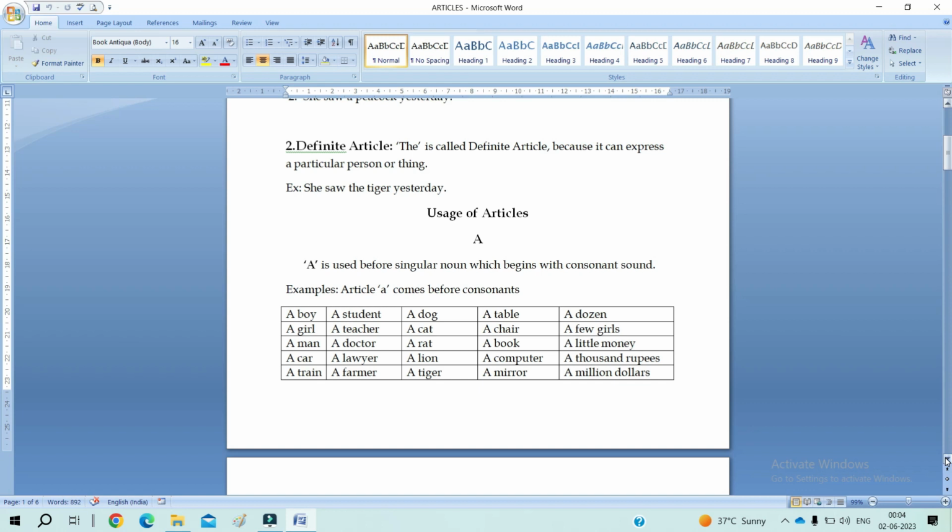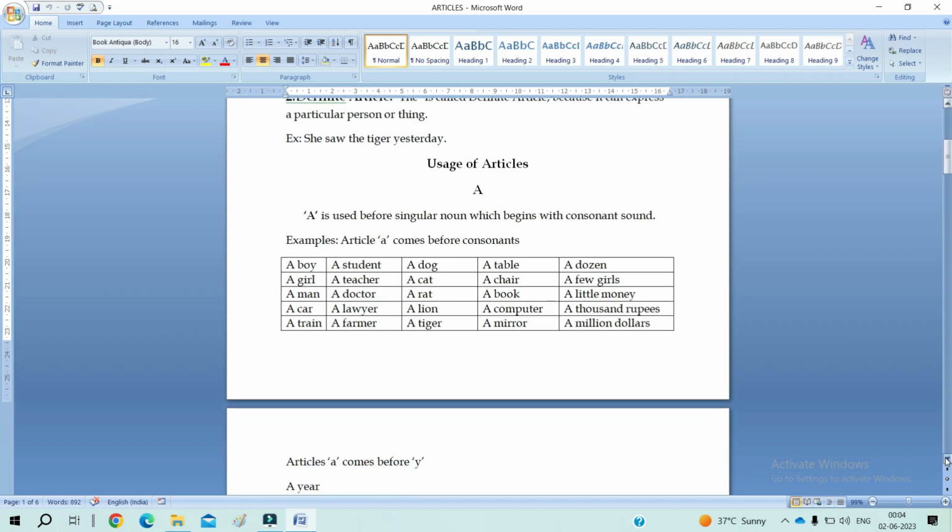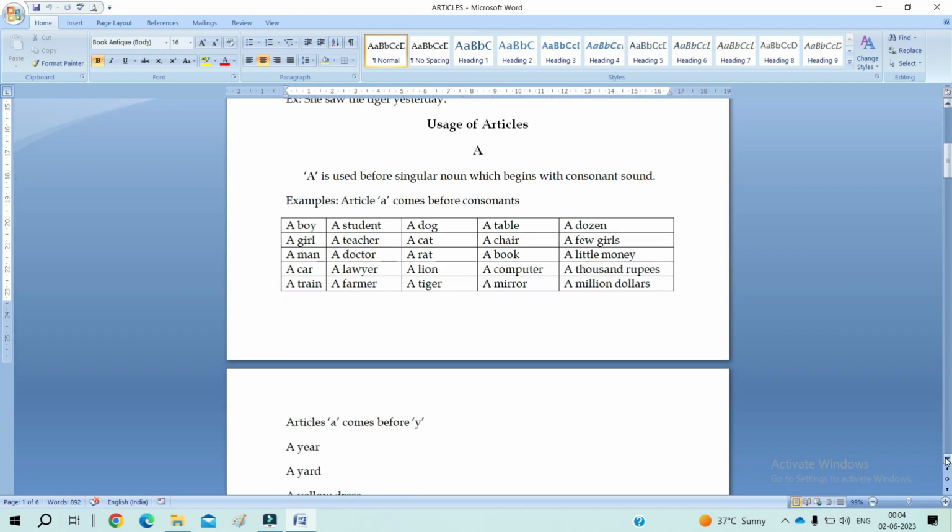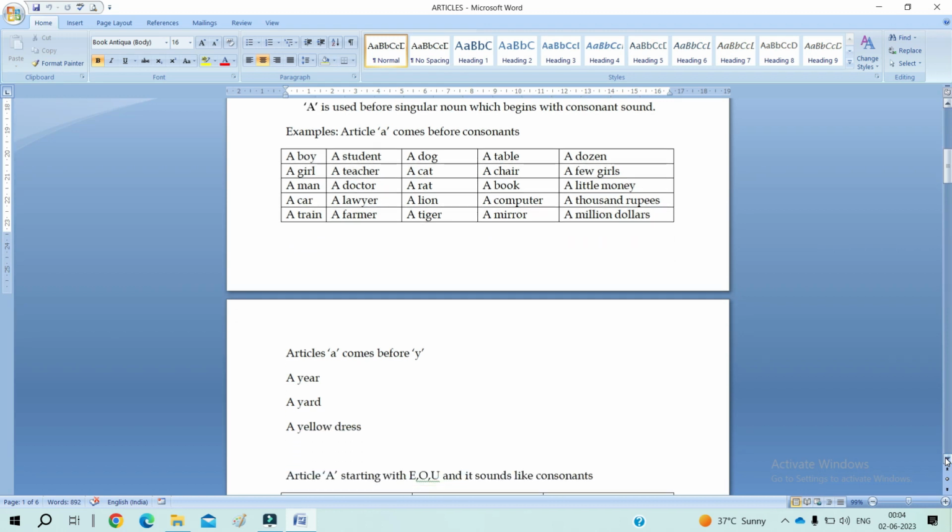I gave some examples here: before a consonant sound, a boy, a girl, a man, a car, a train, a student. Likewise, wherever the word sounds like a consonant sound, before a singular noun, we use a.